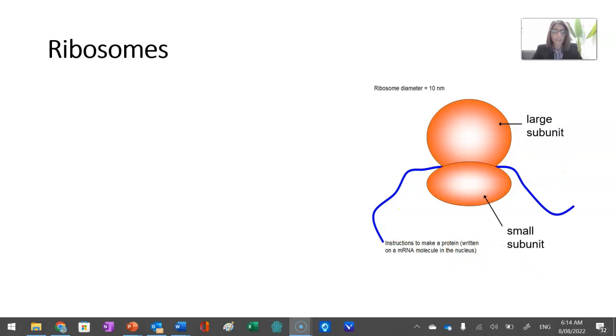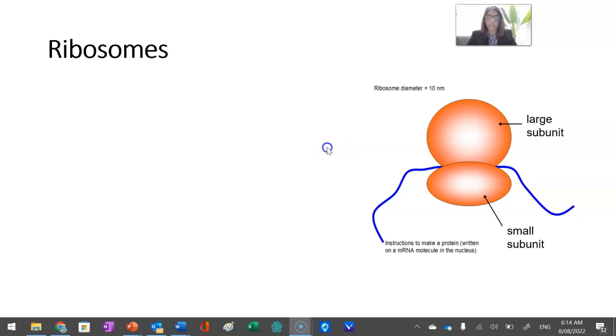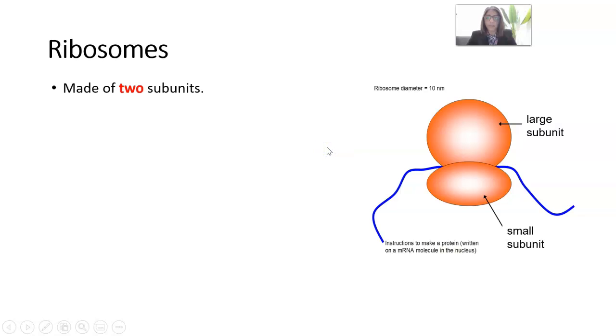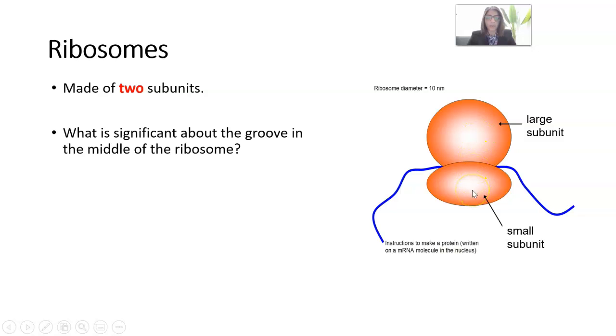Okay, so now we're going to talk a little bit about ribosomes. The ribosomes, as we said before, are the units where the mRNA code is read. Now, ribosomes occur in 2 subunits. So the whole thing is a ribosome, and we have the larger subunit on the top and the smaller one at the bottom. And it creates this groove here in the middle.